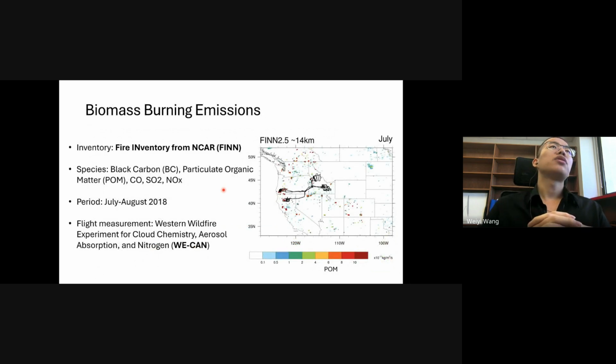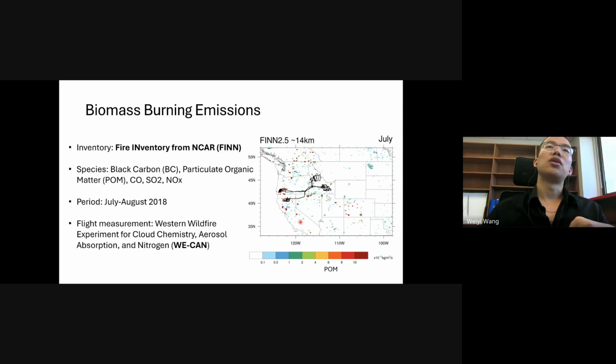The biomass burning emissions in this study are from the fire inventory from NCAR. The species include black carbon, particulate organic matter, carbon monoxide, SO2, and NOx. This panel shows the spatial distribution of biomass burning emissions of POM in July 2018 over the Western US.